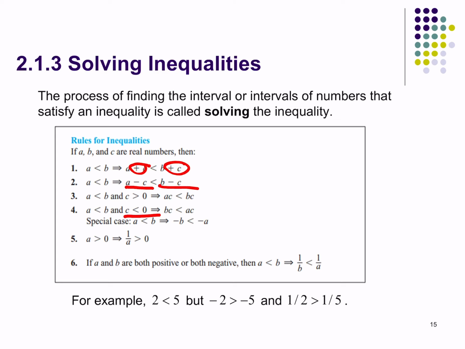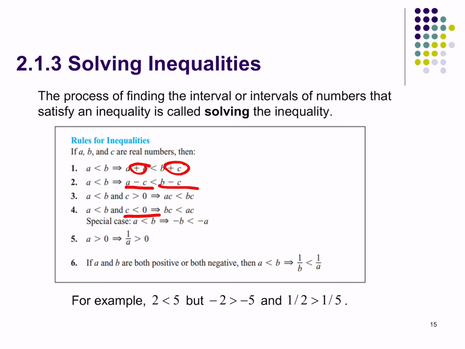And the special case for rule number 4 is that when you have A less than B, that's also equivalent to minus B is less than minus A, the reverse process. And number 5, when A is greater than 0, then 1 divided by A must also be greater than 0, for the inverse. And then number 6, if A is less than B, then 1 divided by B is less than 1 divided by A. Okay?